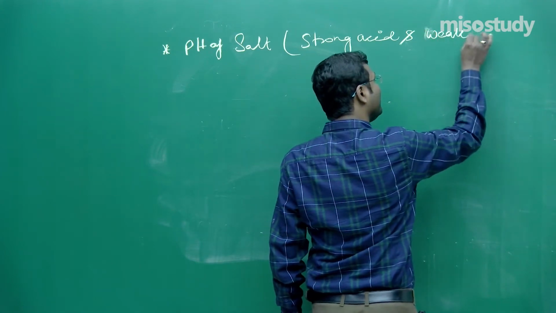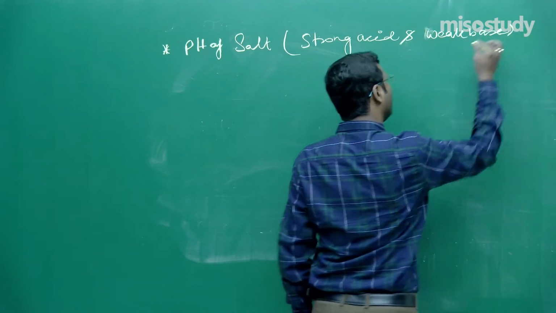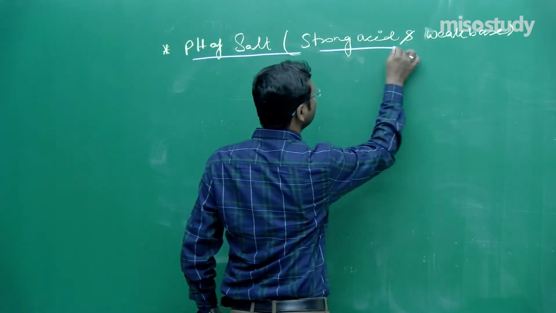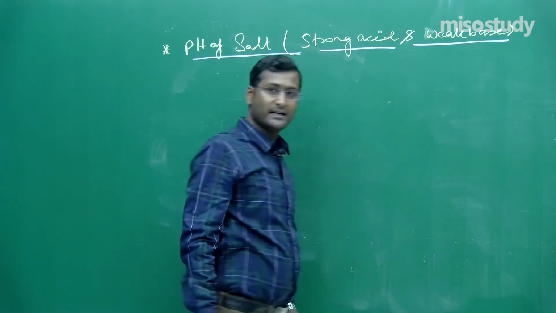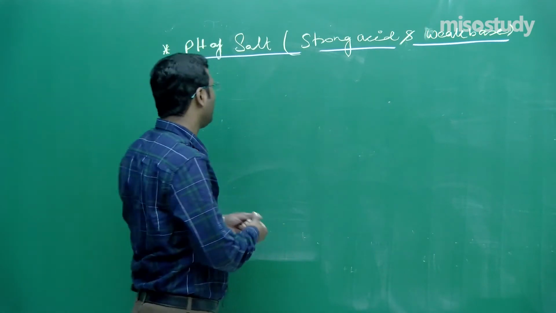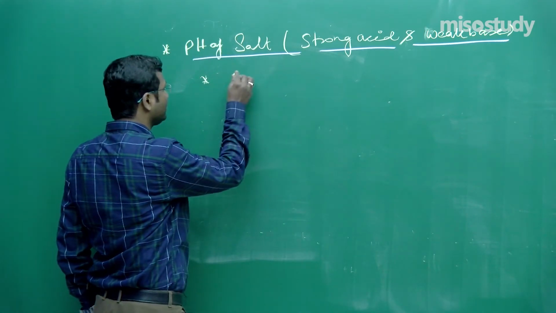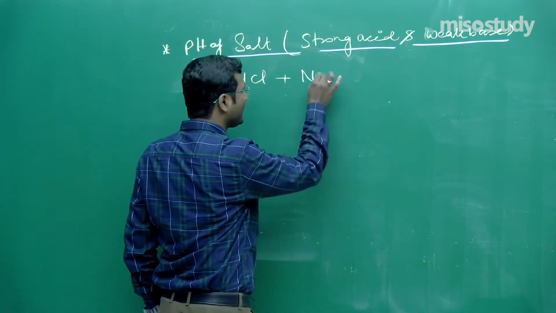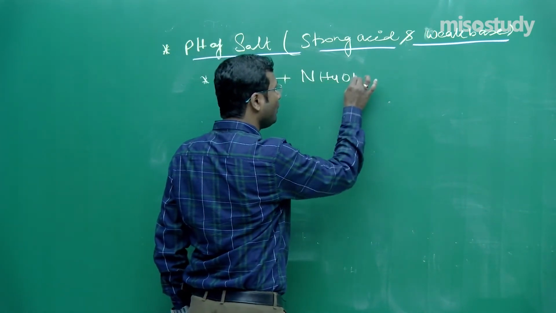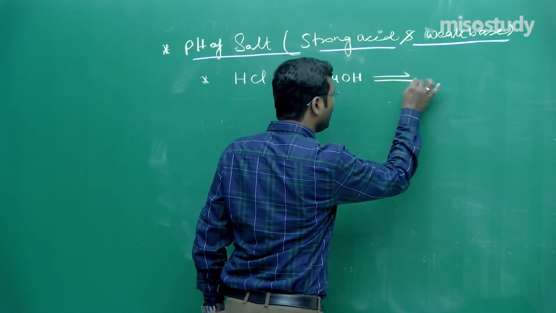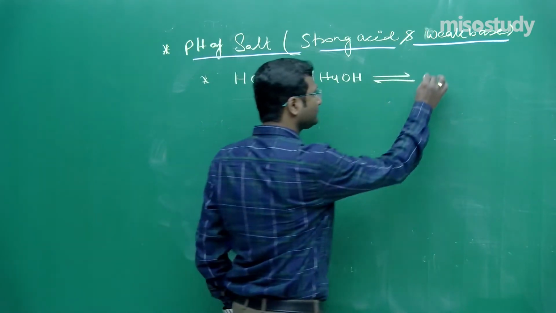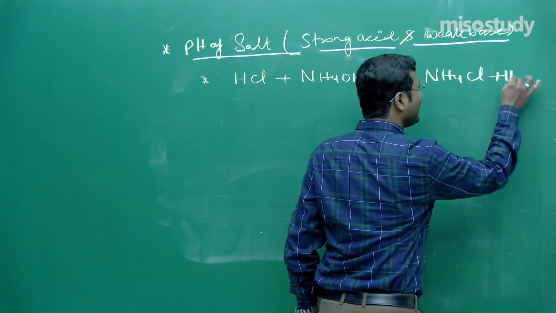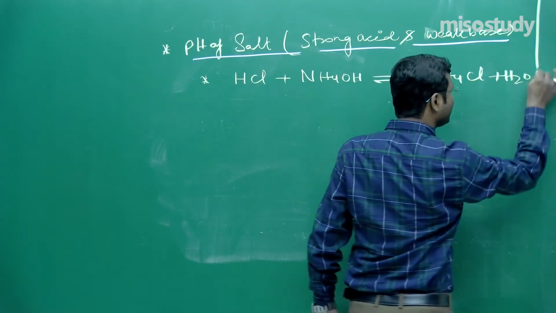This is the derivation. You have to find the pH of a salt which comes from strong acid and weak base. Take an example of strong acid. You can write like this, HCl. What is the weak base? You can write like this, NH4OH. It will give NH4Cl plus H2O. Friend, is it understandable to you?